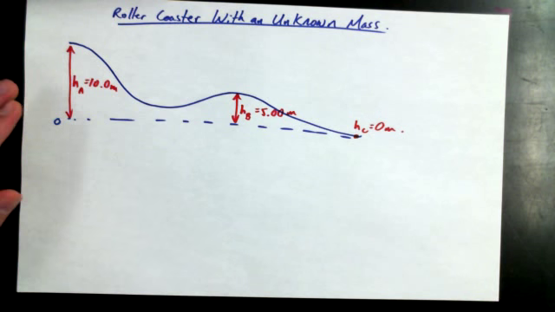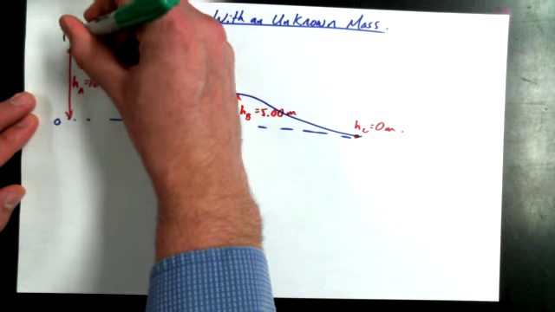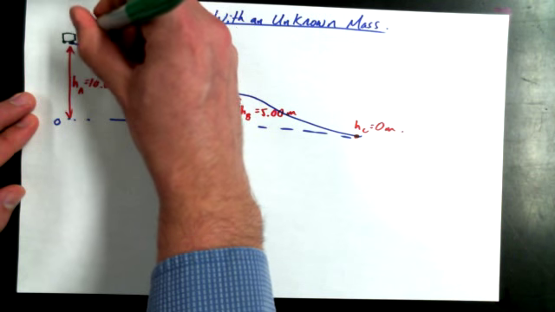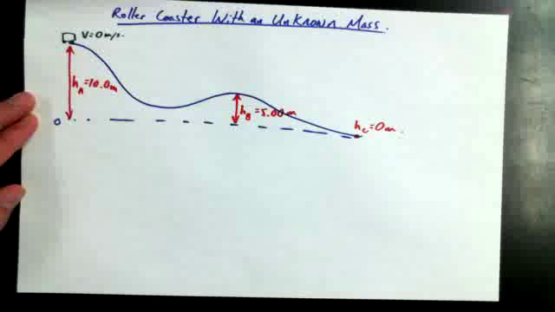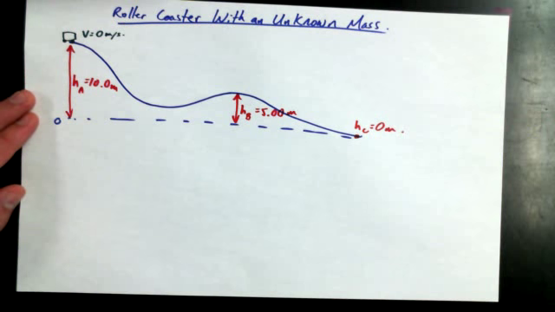Now for argument's sake, just to make the calculations a little bit simpler so we can work through the idea relatively quickly, I want to say that this coaster starts off just at a velocity of 0 meters per second. And somehow it just gets nudged over the edge and it starts rolling.